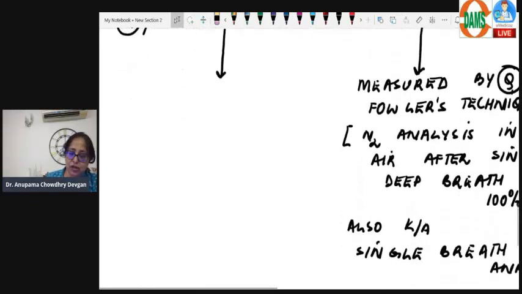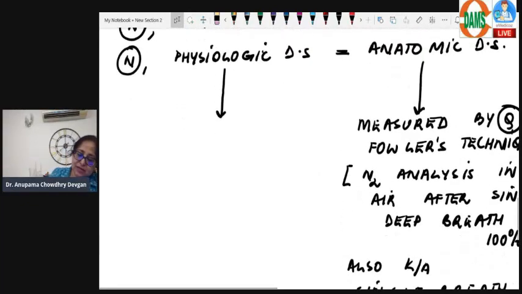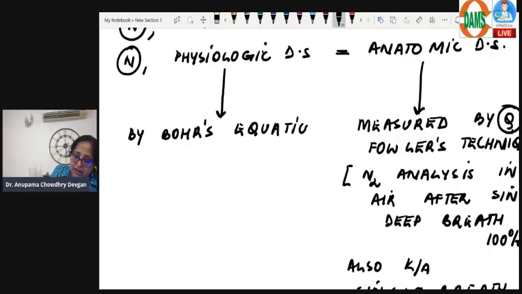Now, how to measure physiologic dead space? Physiologic dead space is measured by what is known as the Bohr's equation, and for Bohr's equation I need three parameters.